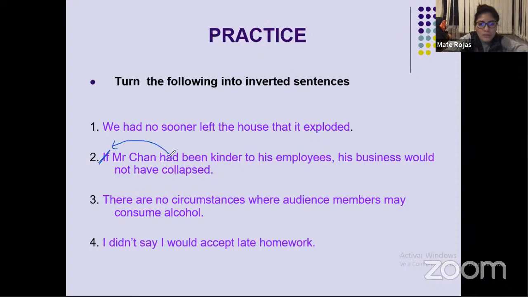So had he been kinder, his business wouldn't have collapsed. There are no circumstances where audience members might consume alcohol. Nor circumstances where audience members might consume alcohol. Why?